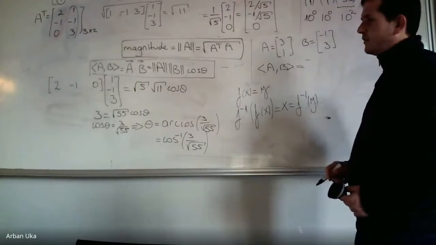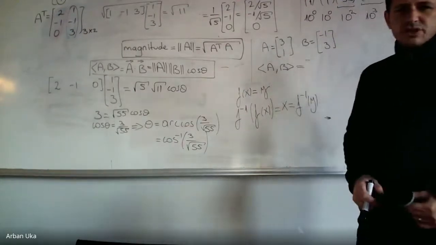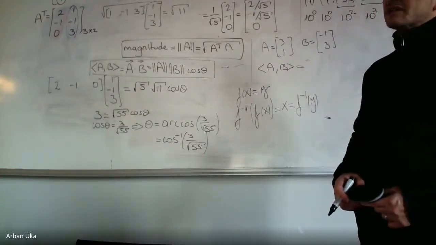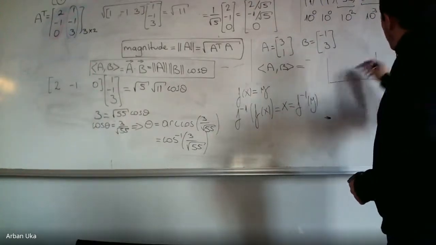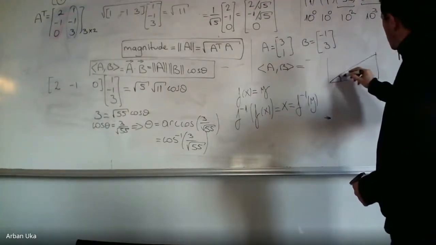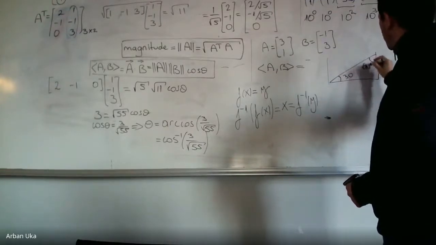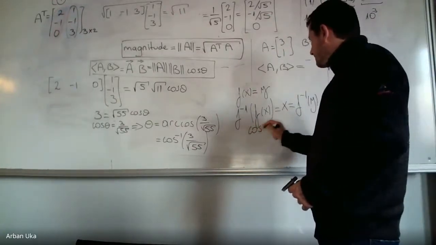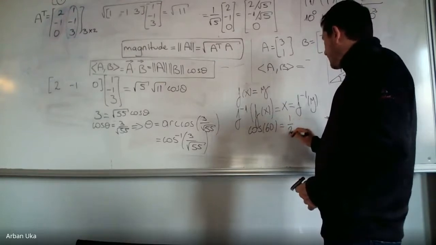Now, tell me, we know with infinite precision what is, let's say, the cosine of 60. The cosine of 60 is equal to 1 over 2.